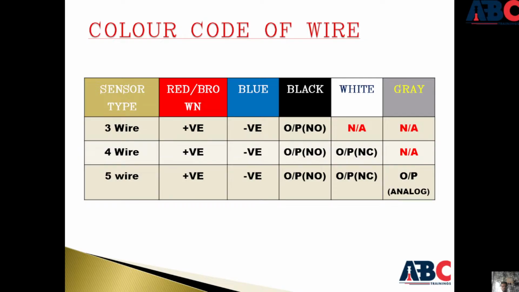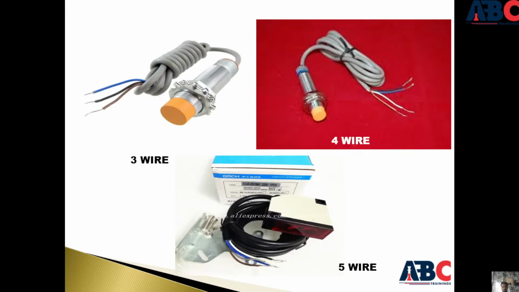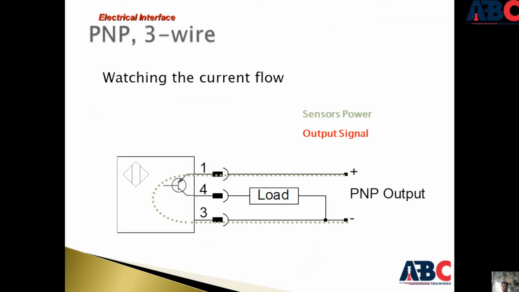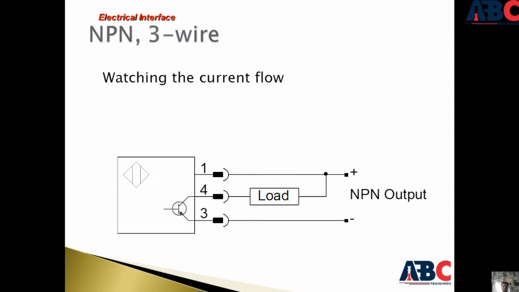Red or brown is positive, black or blue is negative, black is output, white. These are the PNP and NPN wires.